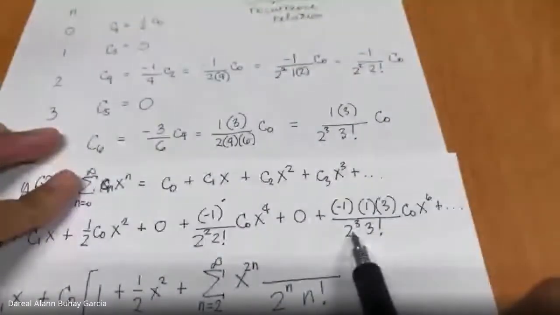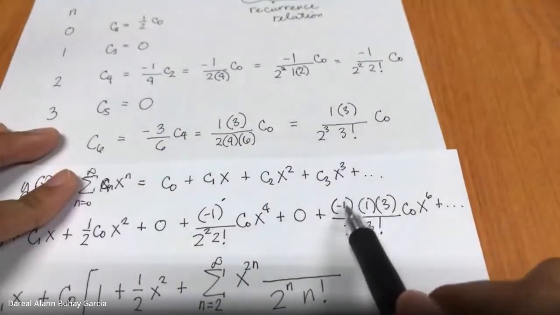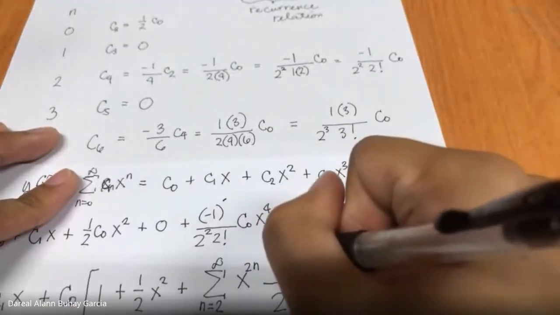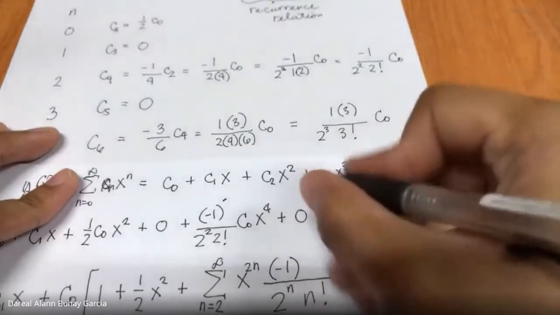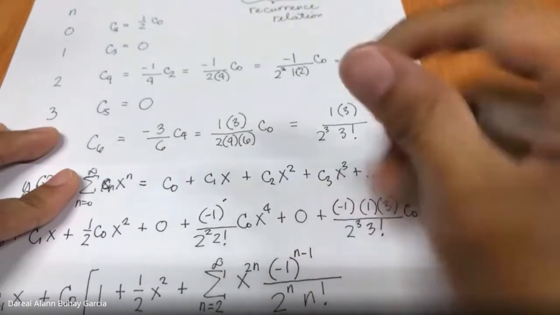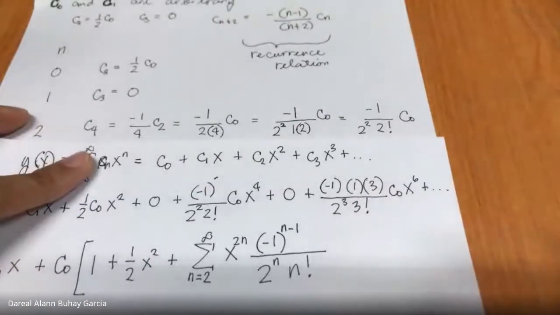When n is 3, 3 minus 1 is 2, negative 1 squared is positive. Okay, so sakto. So, n minus 1. Okay, very good. So, ito na, na-summarize si negative 1.